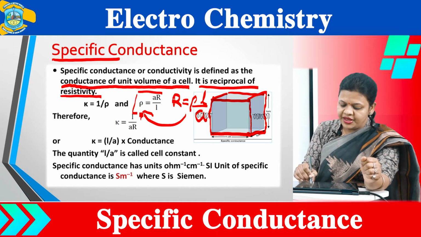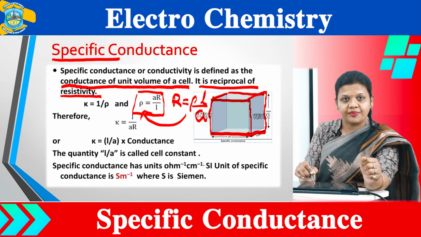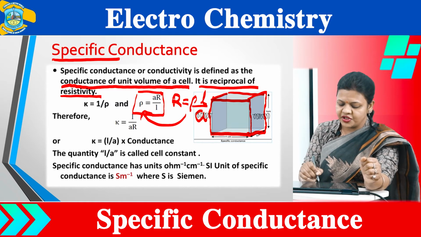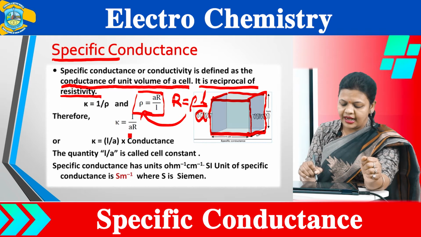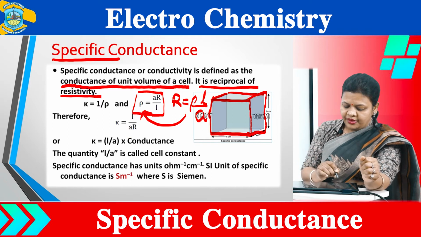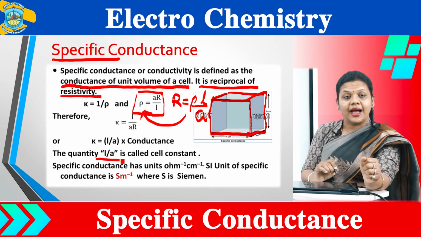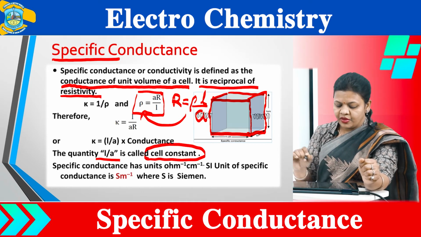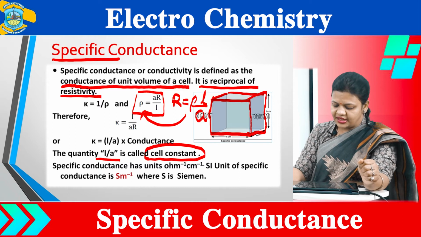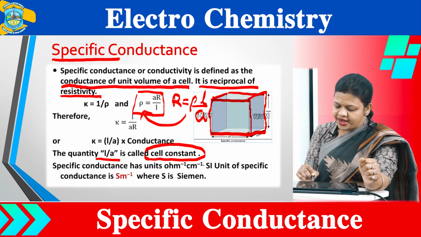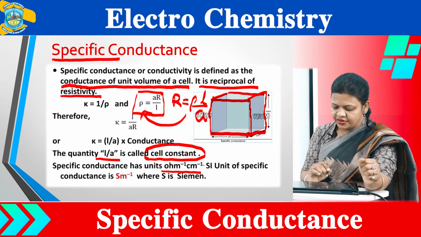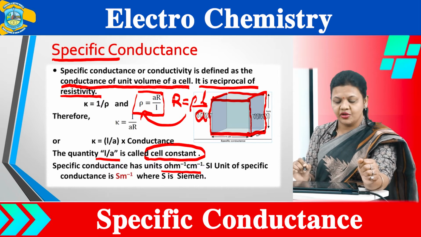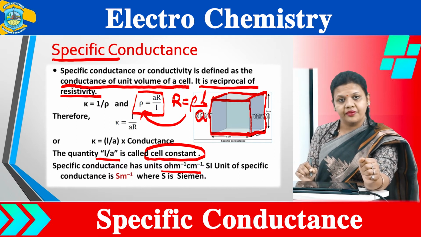Therefore, we may say that specific conductance is just the reciprocal of this formula, which is L upon A R, where the quantity L by A is termed as cell constant. The units of specific conductance are ohm inverse, centimeter inverse, and its SI unit is Siemen inverse.